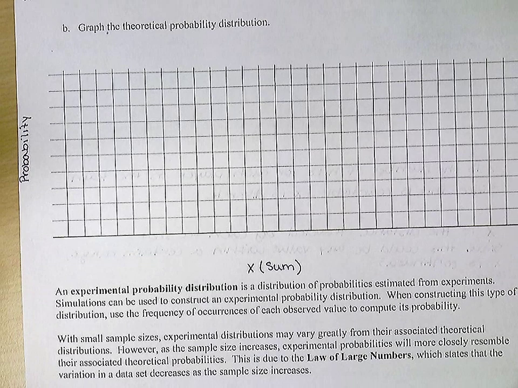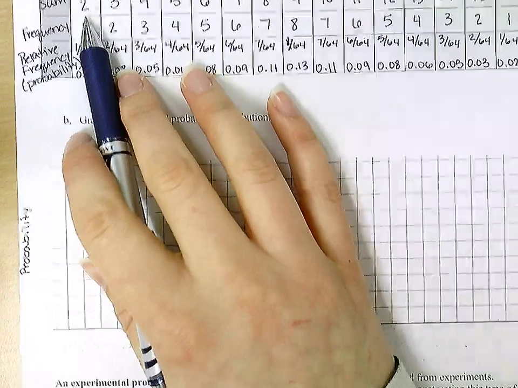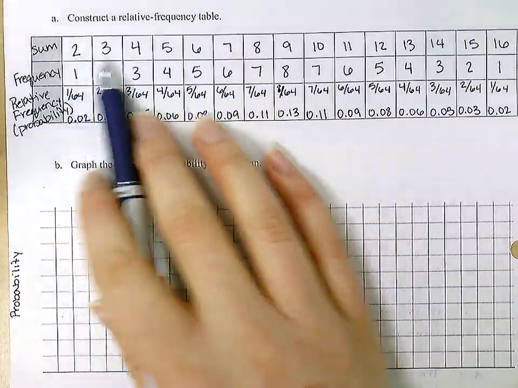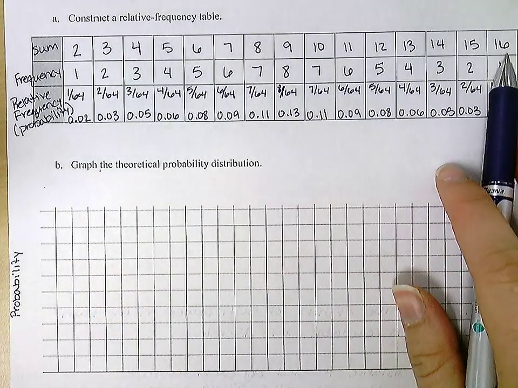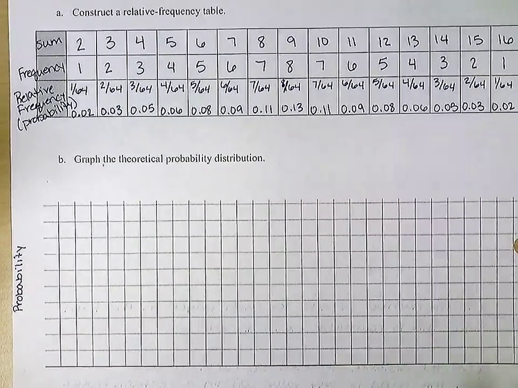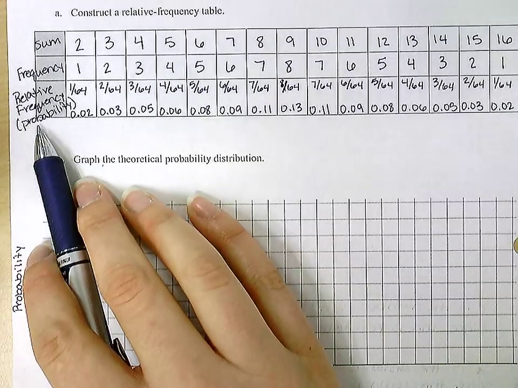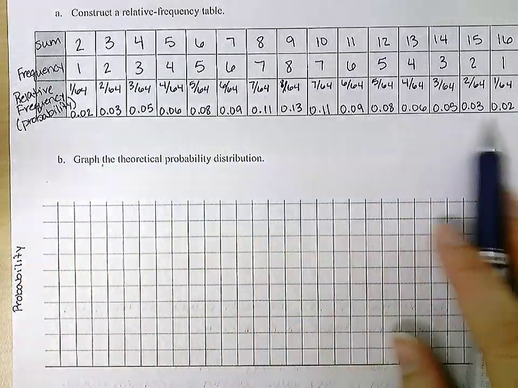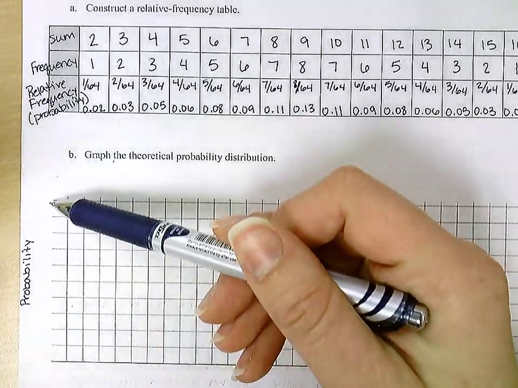Sums along the x-axis, probability along the y-axis. So all we have to do is use our table above. We have all of our x values here, 2 to 16, that have to be plotted along this line. And then our probabilities are all of these values that have to be plotted along here.